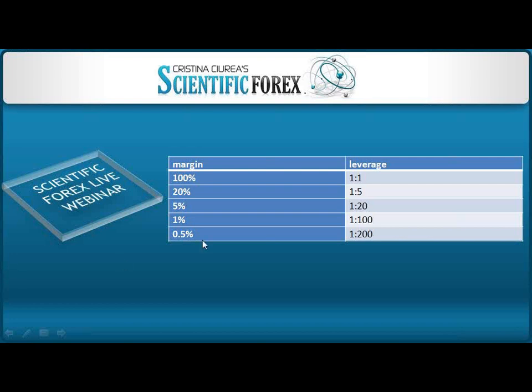So when we have, let's say, margin 1%, we will have a bigger amount to keep as guarantee to make one investment. If we have a bigger leverage, like 1 to 200, the guarantee will be smaller. We have to put just 0.5% of the amount needed for one position.